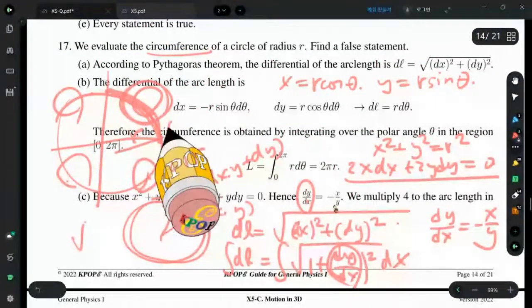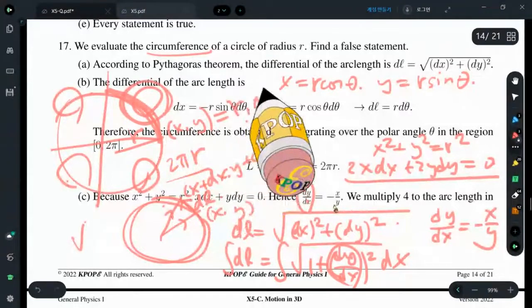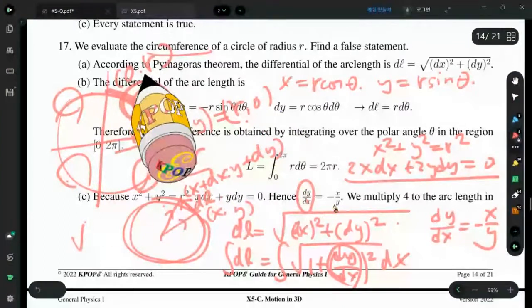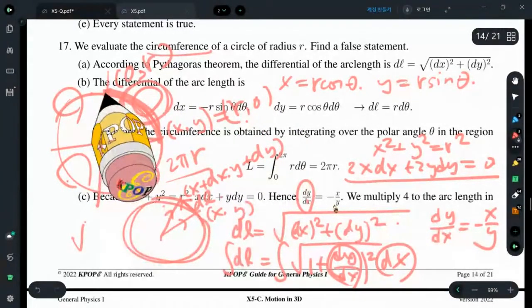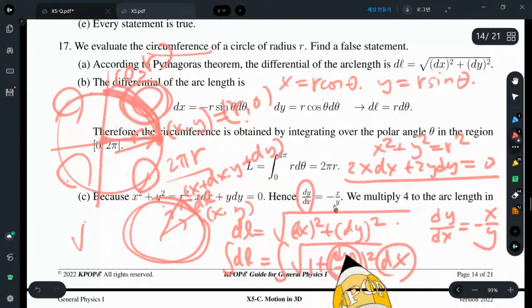This one in here, (x, y) equals (r, 0) to (0, r). So I want to integrate over x from 0 to r of this function.